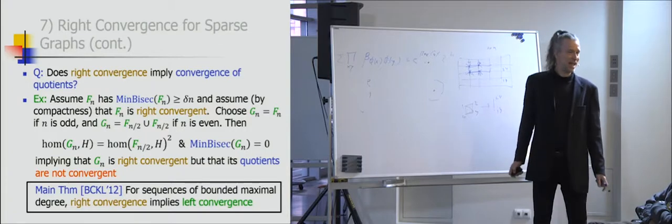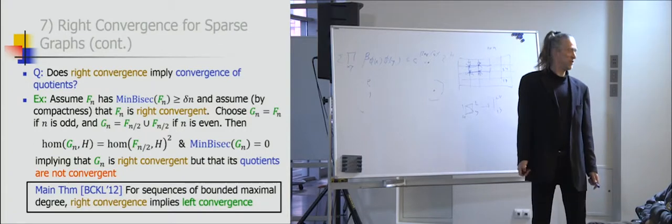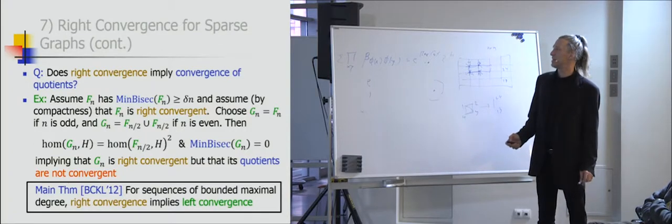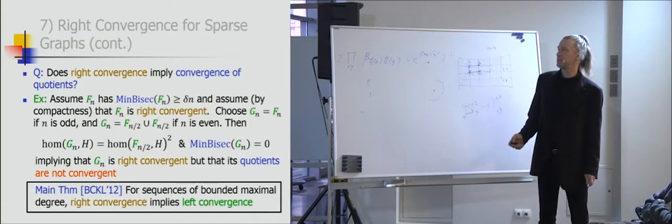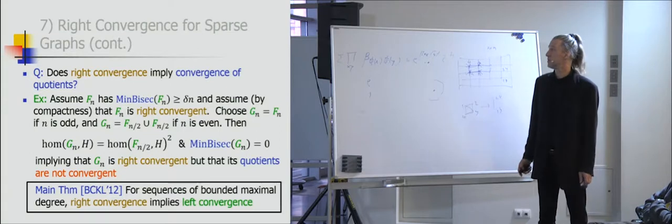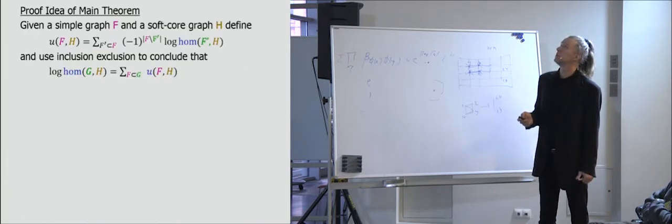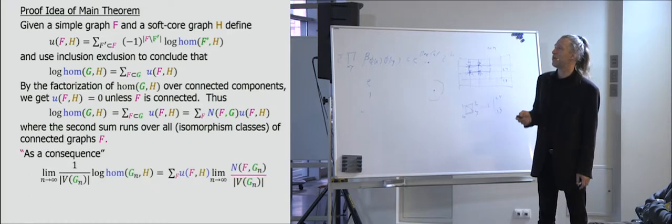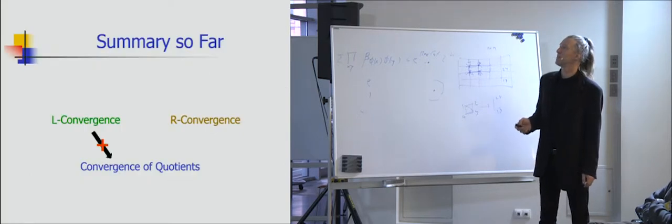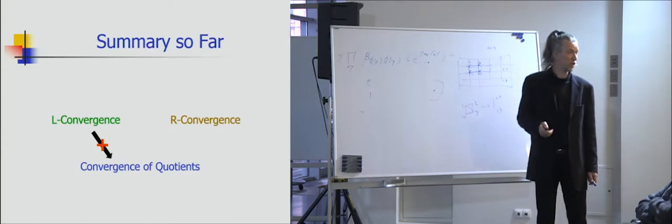So what is left? There's one implication we have, which is that for sequences of bounded maximal degree, right convergence actually implies left convergence. I will not do the proof, well, I may go back to the proof, but before that, let me recap what we know so far.